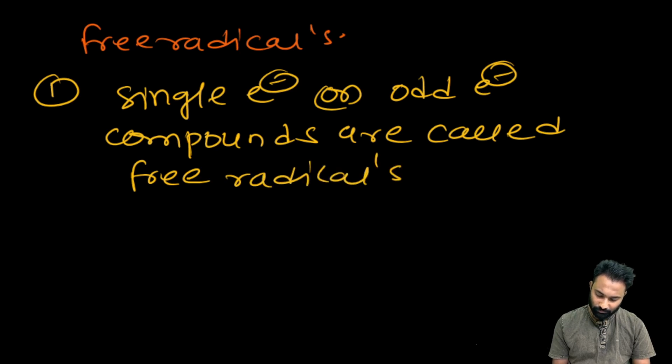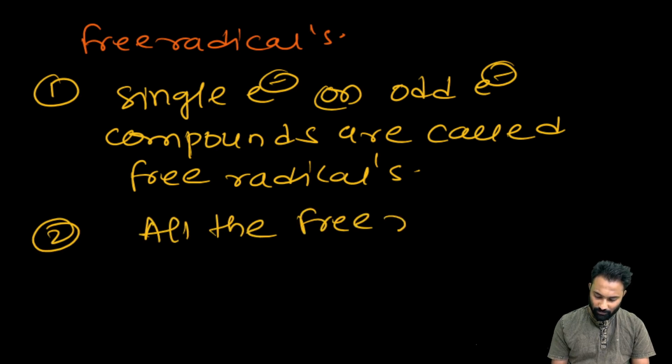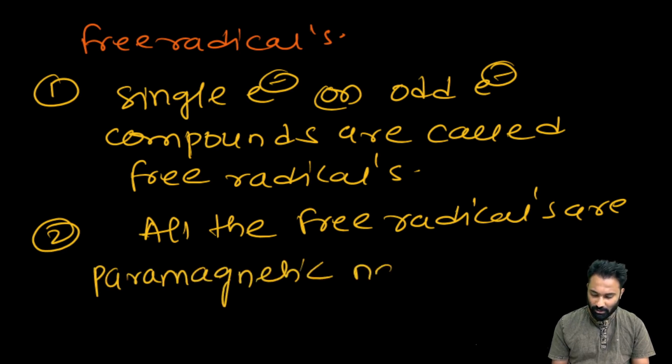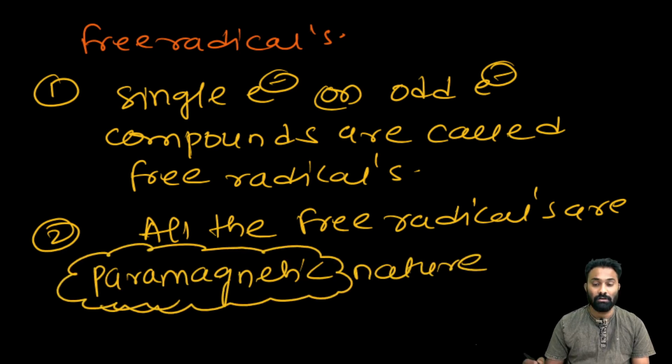Now the second point: all the free radicals are paramagnetic in nature, because due to the presence of their odd electron, they are paramagnetic in nature. When I start the reactive intermediates, there I will explain very clearly.